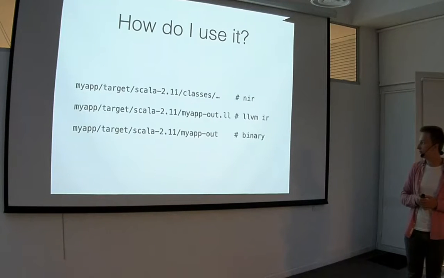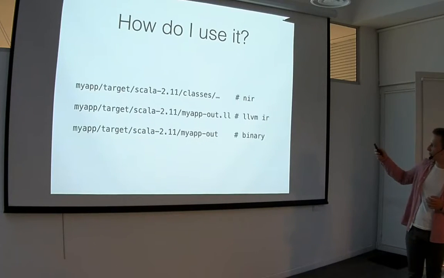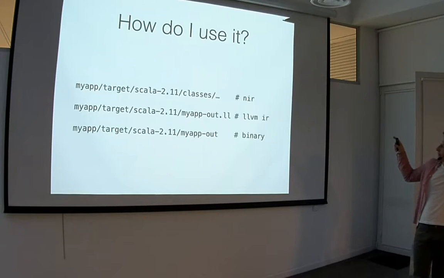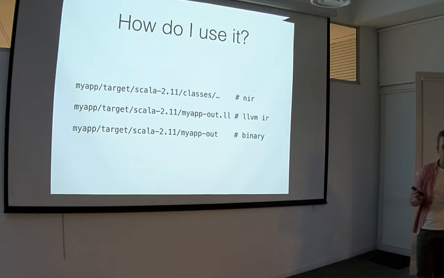And if you're a bit more interested in low-level stuff, we'll quickly walk through these other files. So here we also have the NIR files, and you can think of them as Scala Native class files. Basically, they're an intermediate representation in between low-level code and high-level code.